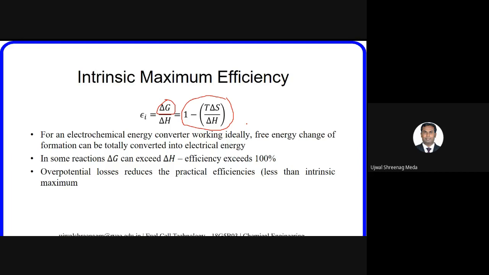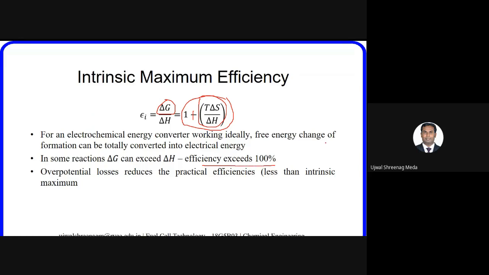There are instances where delta S is negative. According to thermodynamics, depending upon certain equations, there are examples where delta S is negative. In such a case, this entire term, because of the negative delta S, becomes positive in this equation. So because of this, theoretically, the efficiency may exceed 100%.